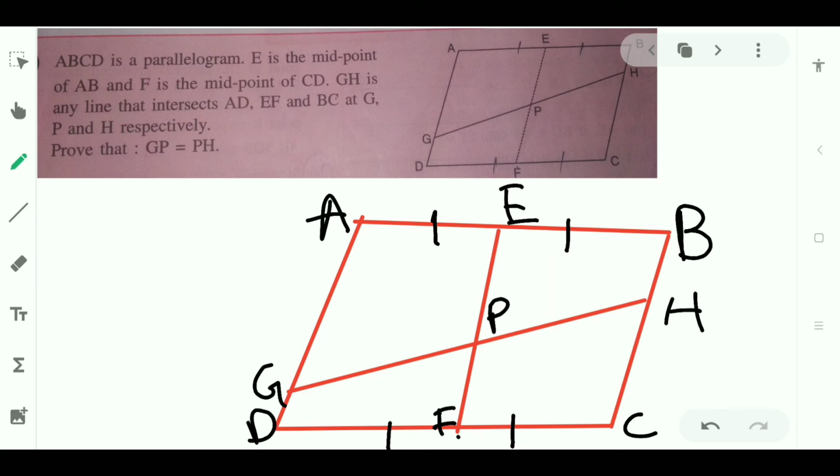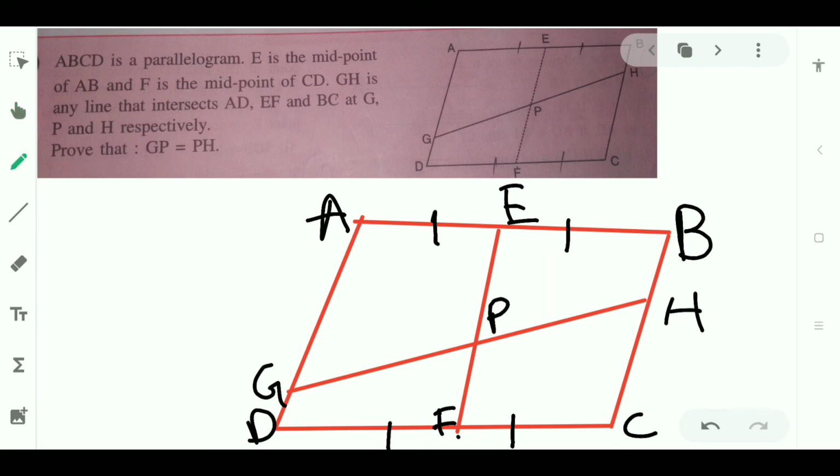And GH is any line that intersects AD, EF and BC. Now G, P, H are points on these lines respectively. So we have to prove GP is equal to PH.